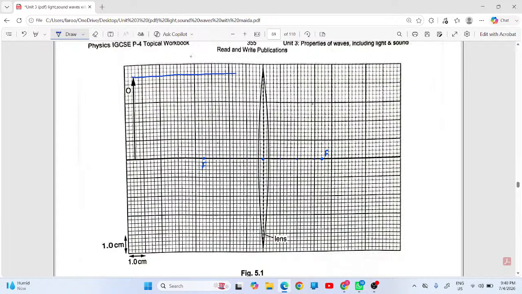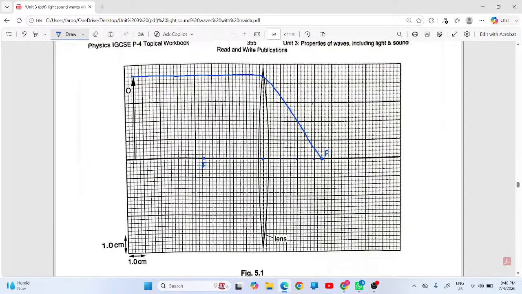So focal length आपके पास ये आ गई है. अब बच्चे we have to draw the rays of light. The one ray is parallel. Ray 1 is parallel. So it will pass through the focus. कहाँ से pass होगी?